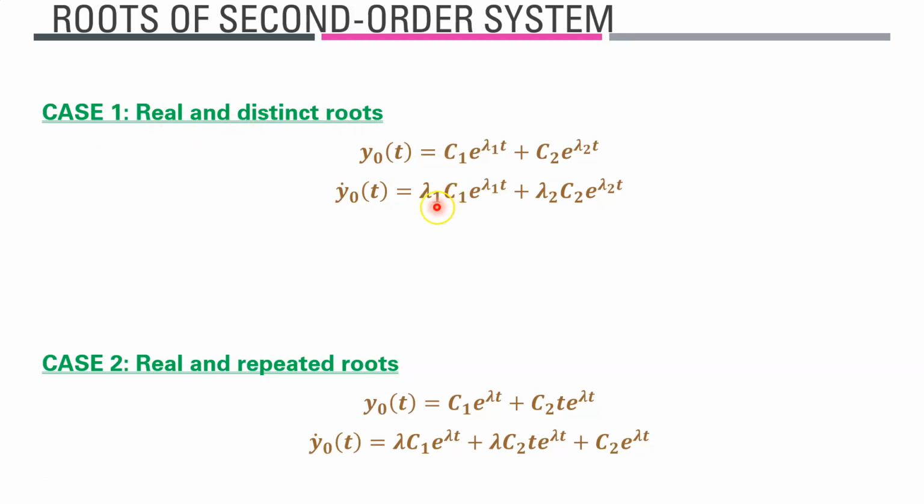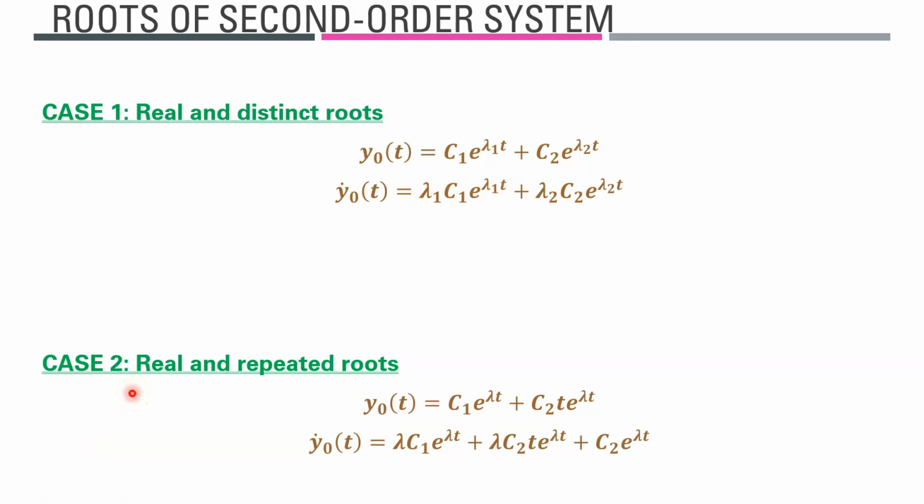So you will have lambda 1 and lambda 2, two different values. The general equation of the zero input response will be y0 of t equals C1 e to the lambda 1 t plus C2 e to the lambda 2 t. We have seen in the previous video how we end up getting this equation. If you differentiate this, you will get this equation.